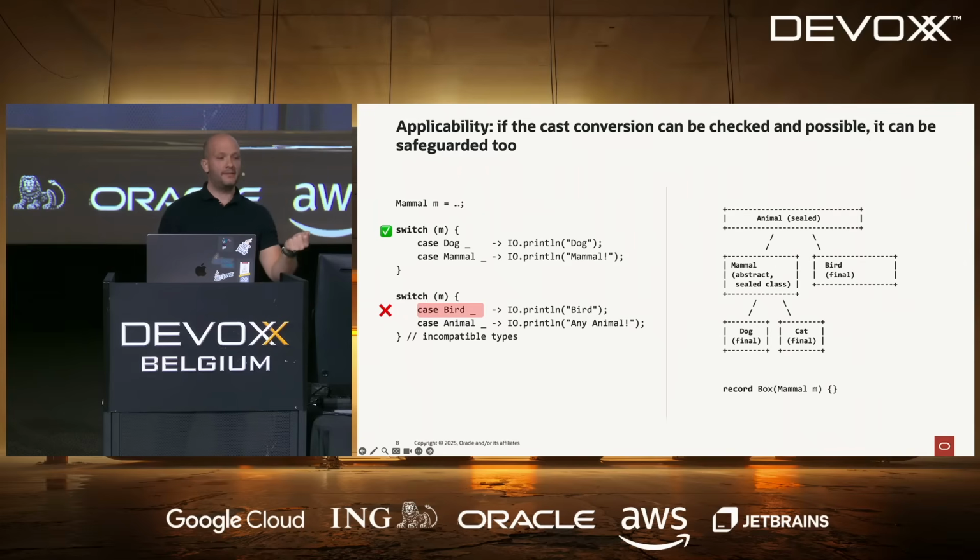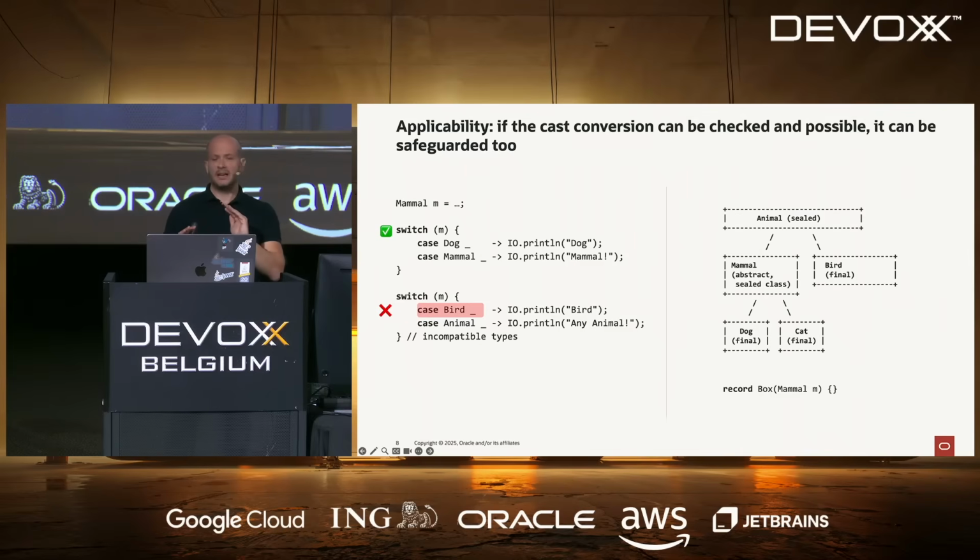We see on the left-hand side two switches. The first one is correct because a mammal can be converted to a dog. Okay? And a mammal can be converted to a mammal, of course. Identity conversion, it's called. So, correct. The second one is not correct at all, because the first one is not the case bird.